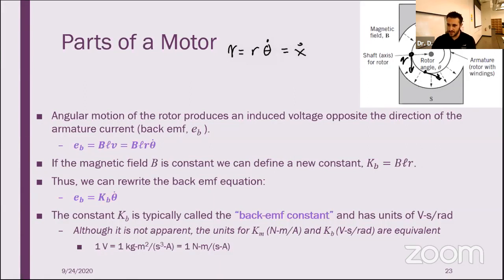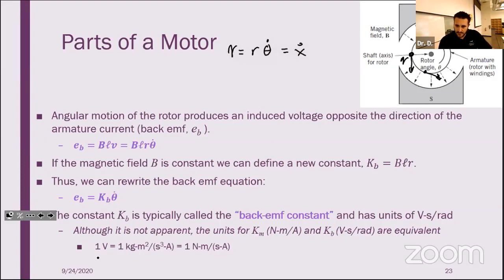It's just the same thing, the same values. So our back EMF is K sub B times theta dot. So the faster that we spin this, the more back EMF we are generating. And the back EMF constant has units of volt second per meter. Oh, I'm sorry, volt second per radian.